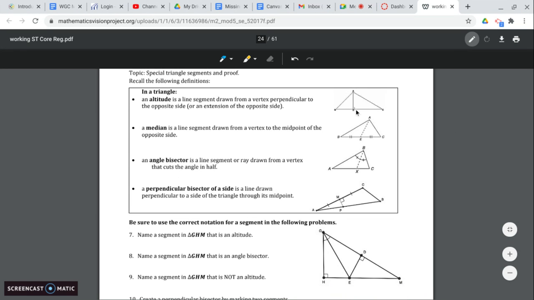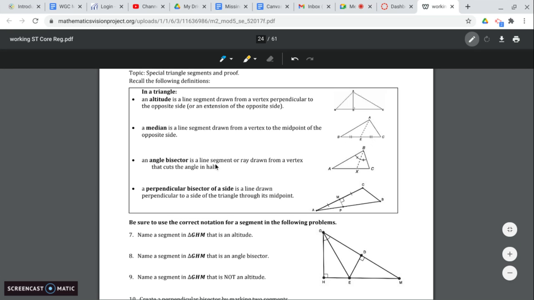So remember, perpendicular means it's intersecting at a right angle. A median is a line segment drawn from a vertex to the midpoint of the opposite side. So this one, it's going to go right in the middle, so it's not necessarily intersecting at a right angle. And then these two pieces, like you can see, are going to be congruent to each other.